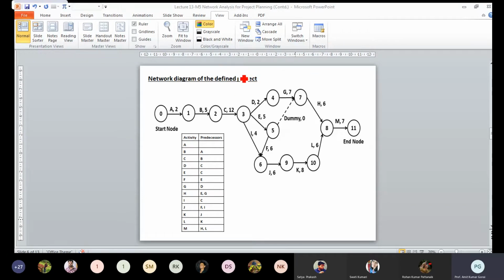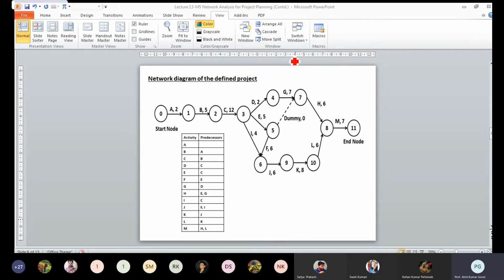If we do that, it will show that jobs E and G are the predecessors of H. So that can be done. But if H is preceded by G and E, and you try to make another network, you cannot do this. This is not acceptable.